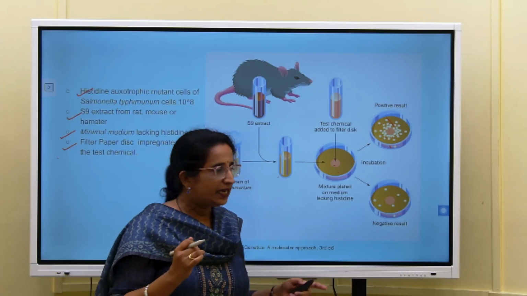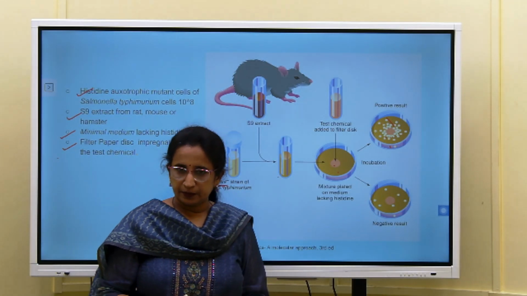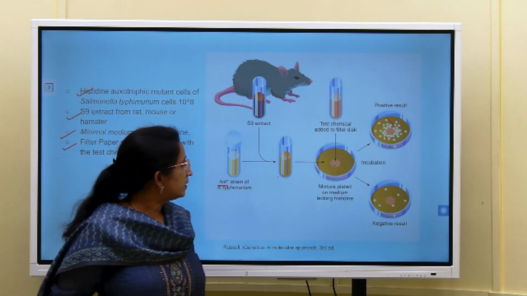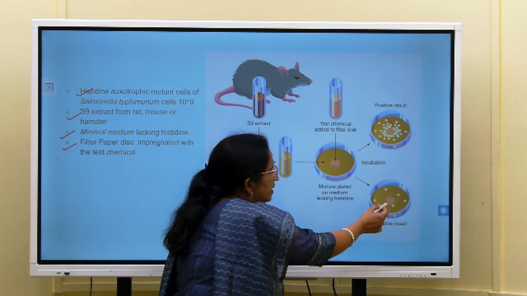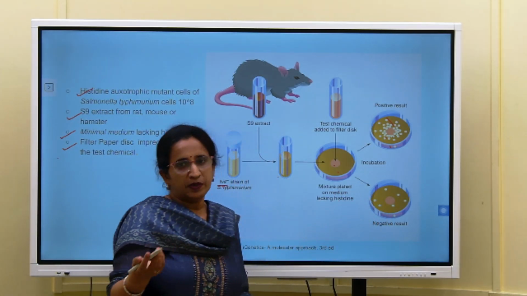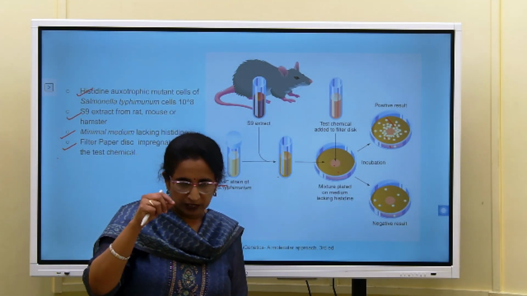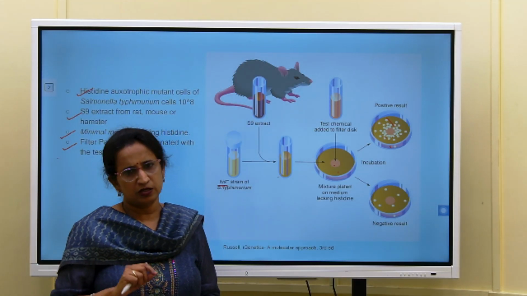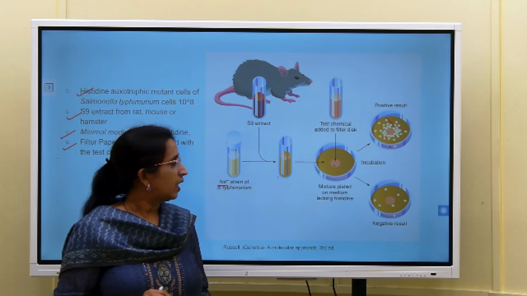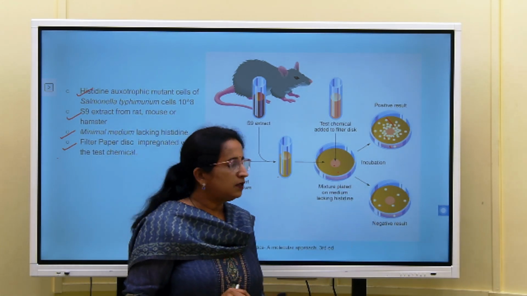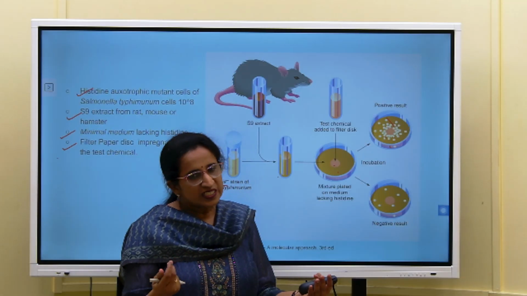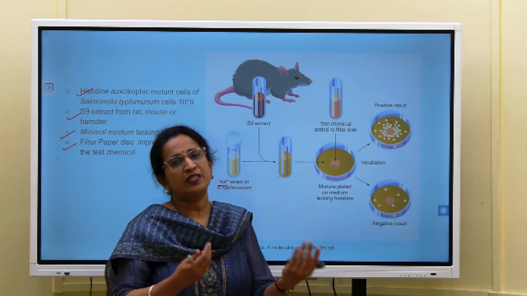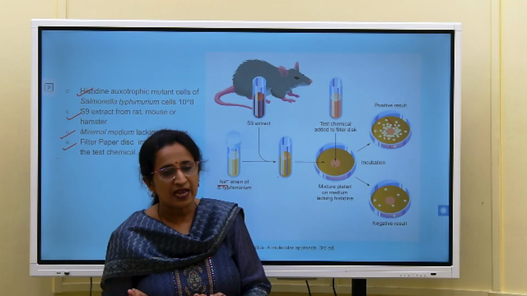On the other hand, this is the control plate. In the control plate, you put a filter paper disc without the chemical. Obviously, it's a control, so that chemical is not put in the disc. Just the disc with saline or some control solvent is put. Now you will see here that the Salmonella typhimurium obviously will not get reverted back because there is no chemical, there is no reversion happening.